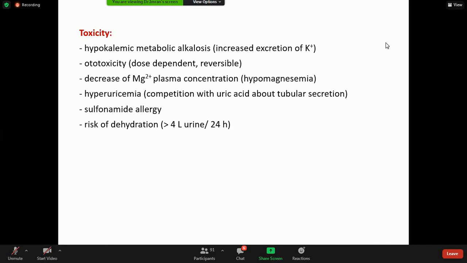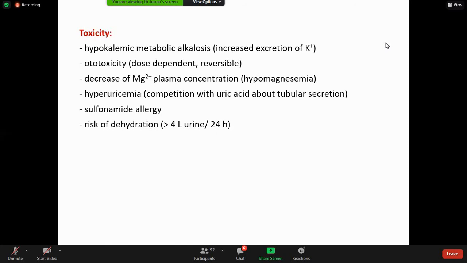For example, this loop diuretic may cause ototoxicity, but fortunately it is reversible. So you must think, is there any other drug that is also responsible for producing ototoxicity? Then it will produce marked ototoxicity. So we try to avoid the combination of different drugs that have the same problem related to ototoxicity.